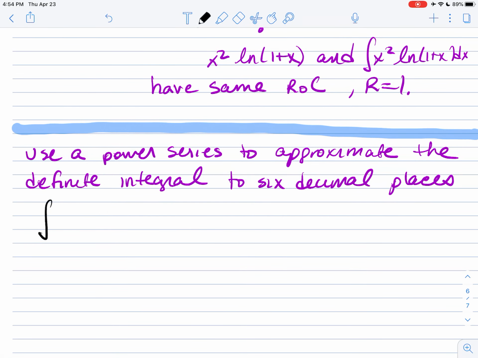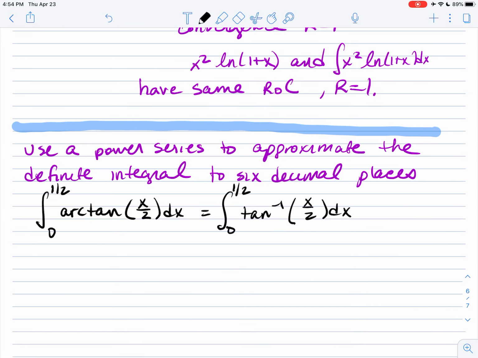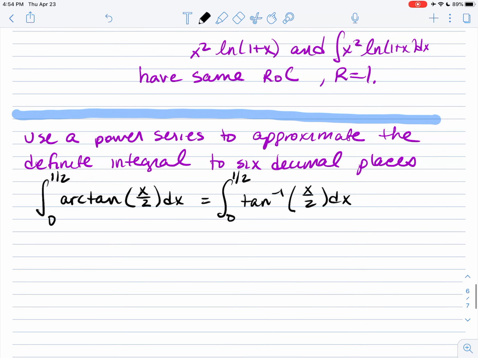And let's use the integral from 0 to 1/2 of arctan of x over 2 dx. And just to be clear, arctan is equivalent to inverse tangent of x over 2 dx. So let's begin with that.